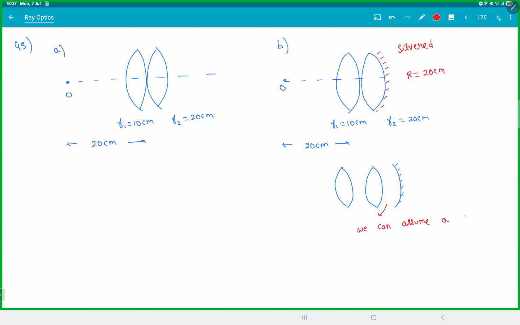We can assume a thin air gap. So even if you stick two lenses, you can always separate them with a thin air gap.